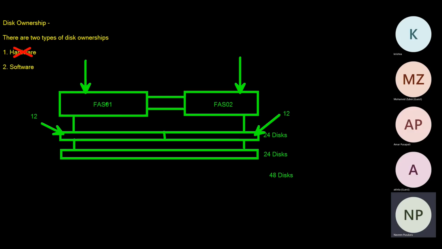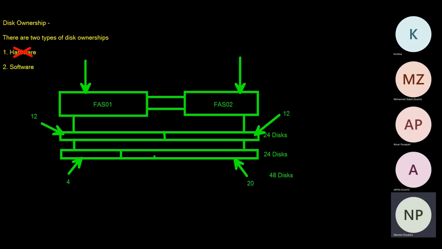Again on shelf 2, I have a requirement. Based on that requirement, I have added only 4 disks under my controller 1 ownership, and the remaining 20 disks under my controller 2 ownership. Yeah, you can do that.